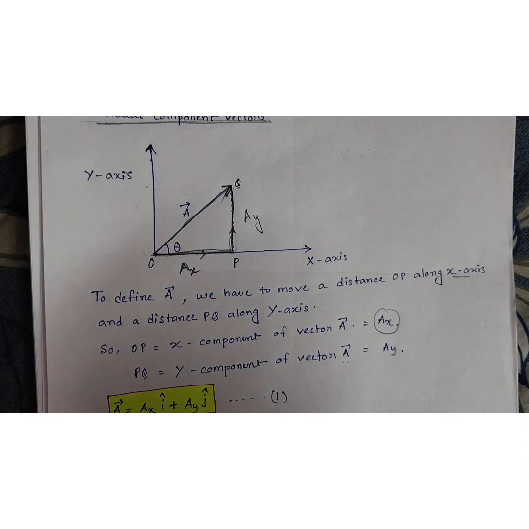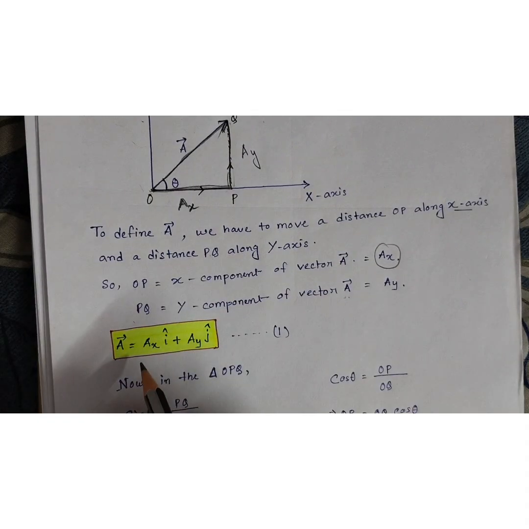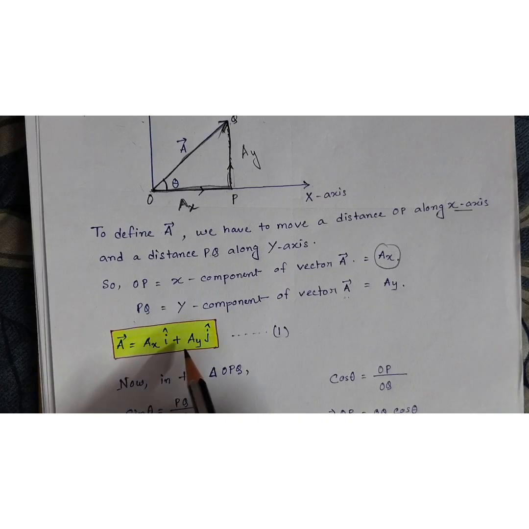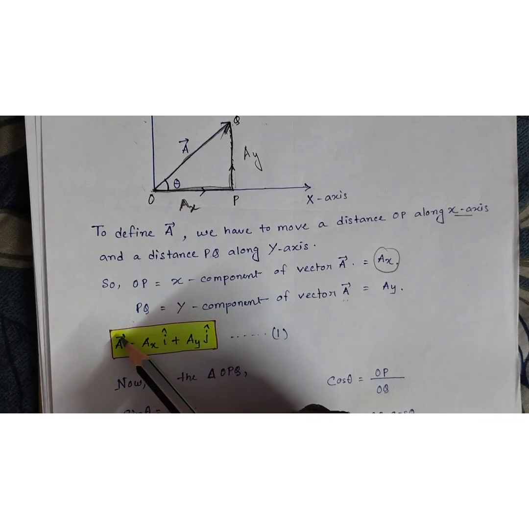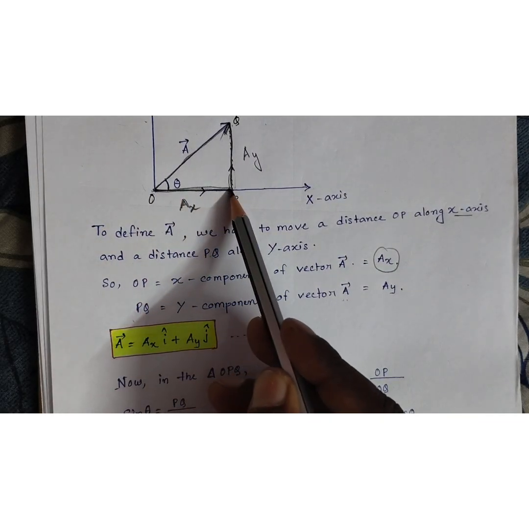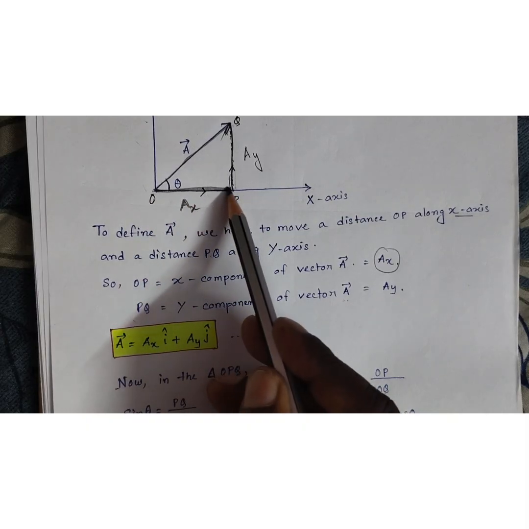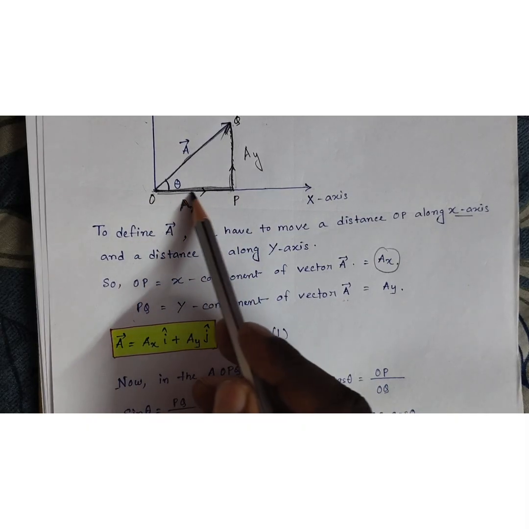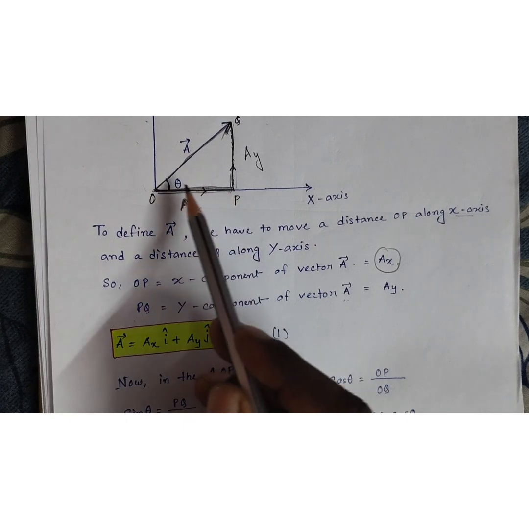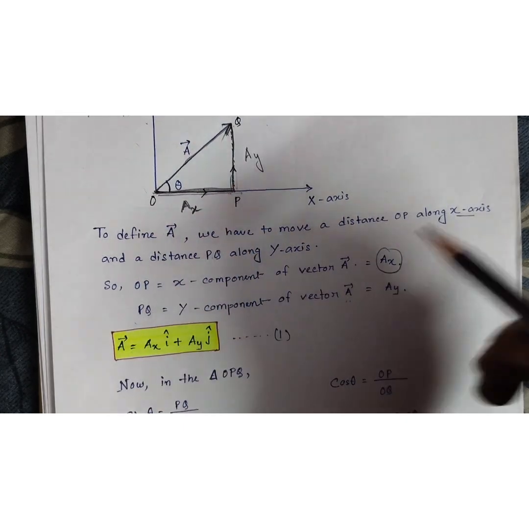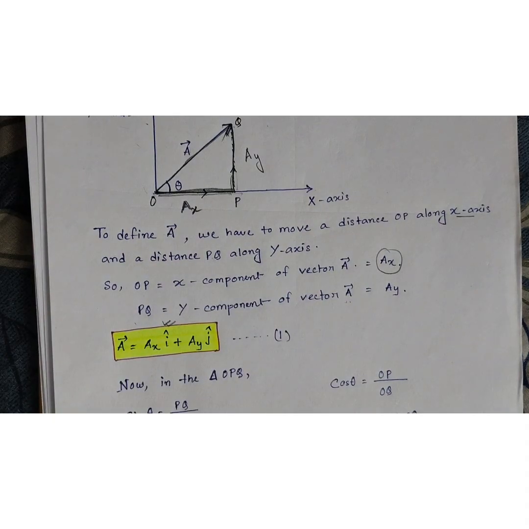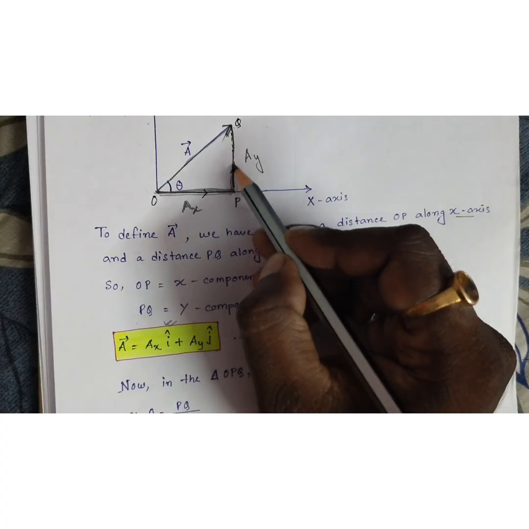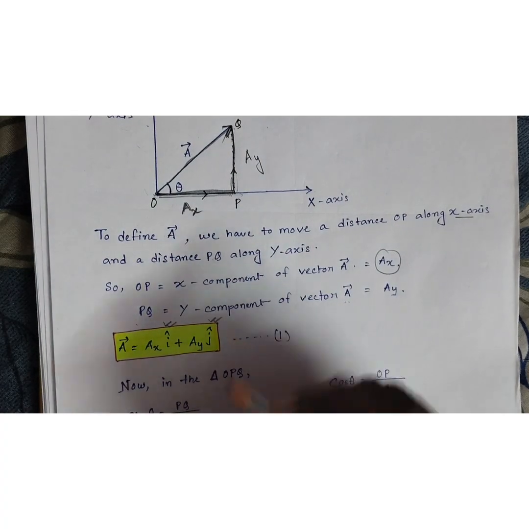Ultimately the vector A can be written as A_x i cap plus A_y j cap. Now what is this notation? First we are moving along the x-axis, a distance A_x. The direction of the x-axis is denoted by i, and the direction of the y-axis is denoted by j.